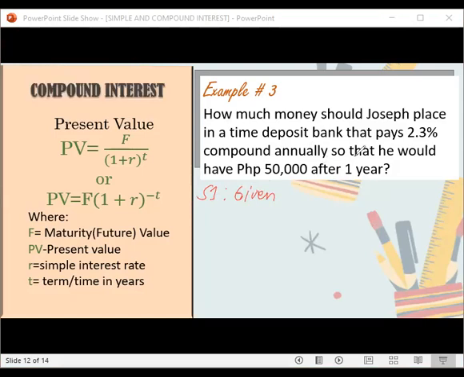Ano ba ang meron tayo? Una is the 2.3%. So we all know that it is the rate. 2.3% converted into decimal. What is the answer? 0.023.